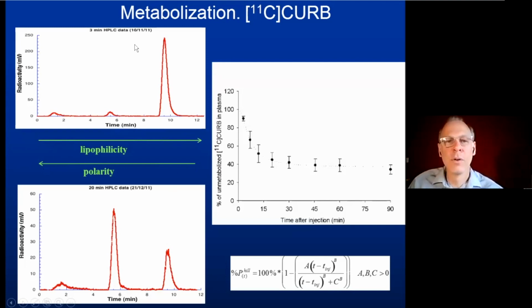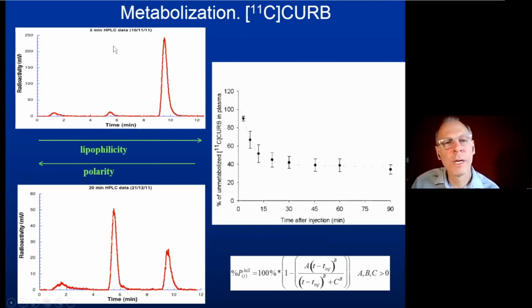So here I present the metabolization of curve analyzed with HPLC at 3 minutes and at 20 minutes. I don't remember whether I said that carbon-11 curve is a radioligand that binds to fatty acid amide hydrolase. It's a non-reversible radioligand, making a covalent union with the enzyme that we try to measure.